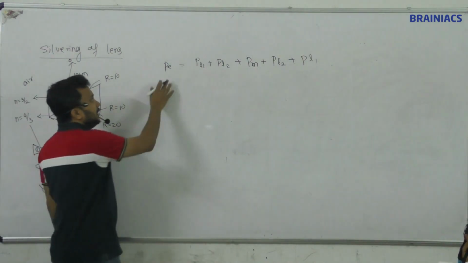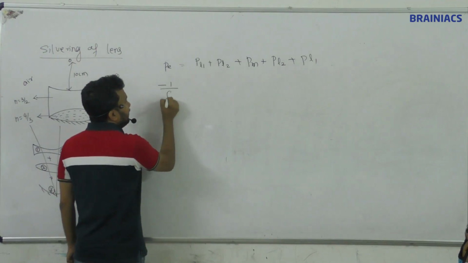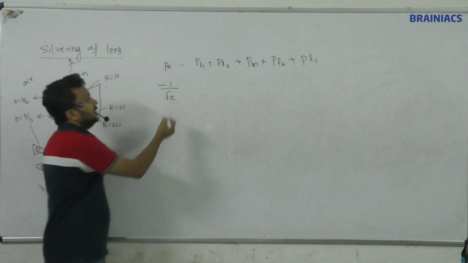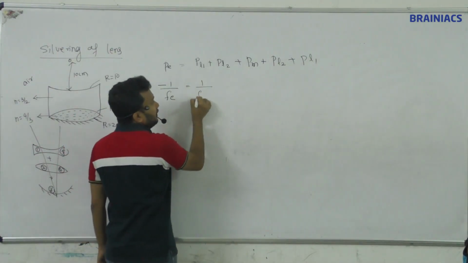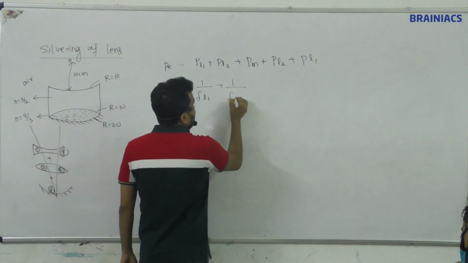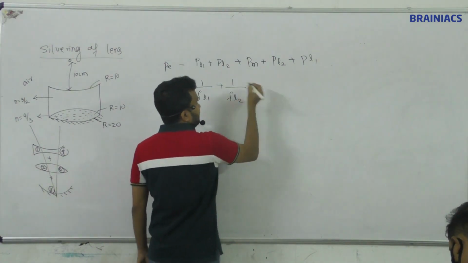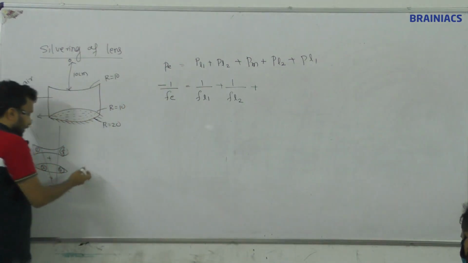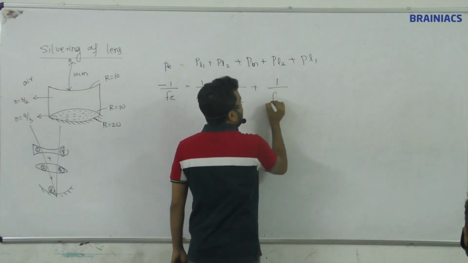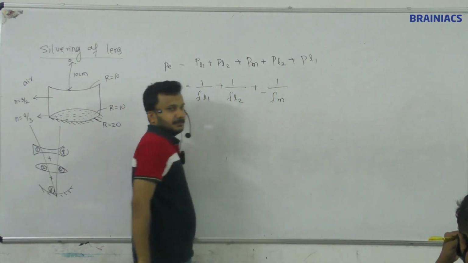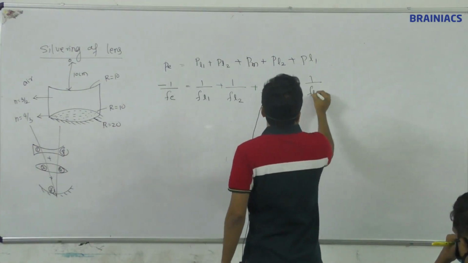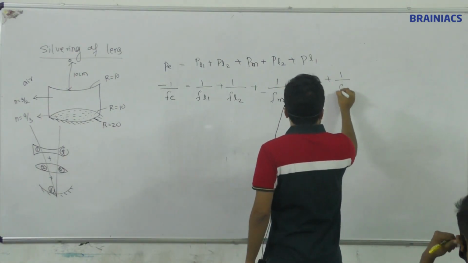Next, power equals, anyway I know it's reflection back, so 1 divided by Fm, the concave mirror, plus 1 divided by FL2 plus 1 divided by FL1.